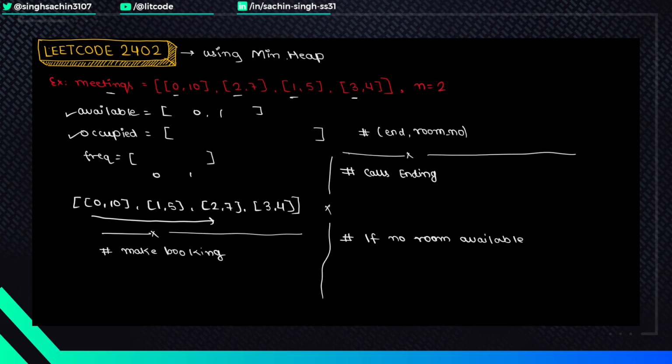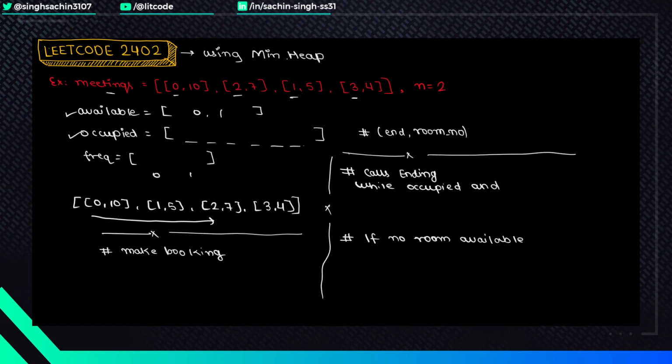Okay. So if the call is ending, what does it mean, and how will you check that? Until you have occupied, you can simply iterate the occupied heap. While occupied, you are iterating this one as well, right?